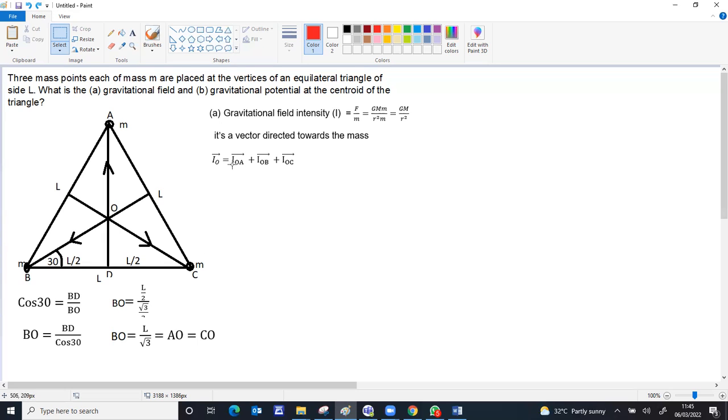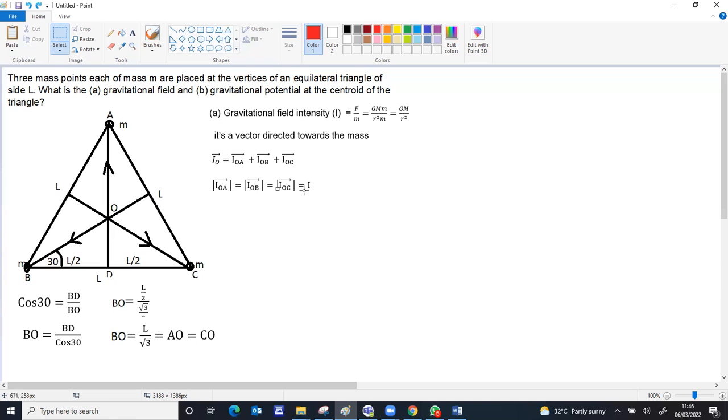So I O equals I OA plus I OB plus I OC. The masses are the same and the distances are also the same, so all three gravitational field intensities are equal in magnitude, but different in direction, towards each mass respectively.